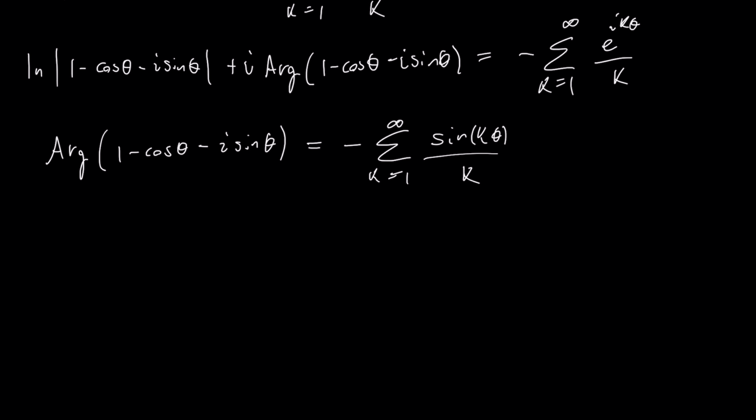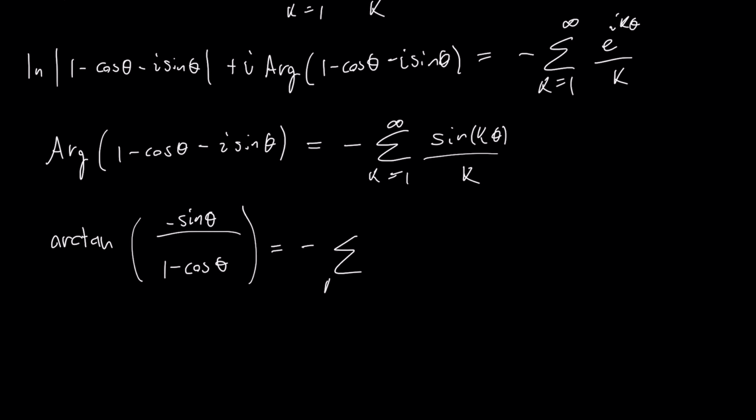And the argument of 1 minus cosine theta minus i sine theta is the same thing as the arctangent of negative sine theta over 1 minus cosine theta. So we have the sum from 1 to infinity sine k theta over k.